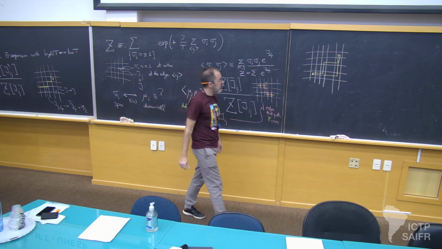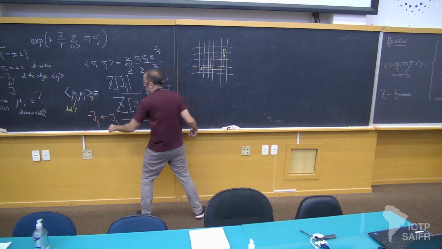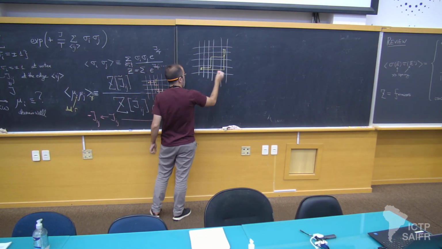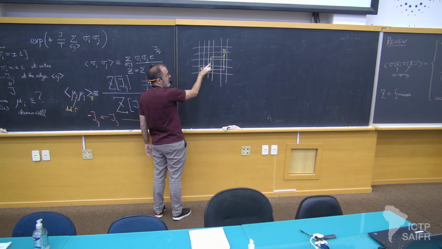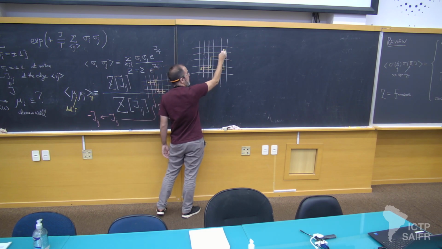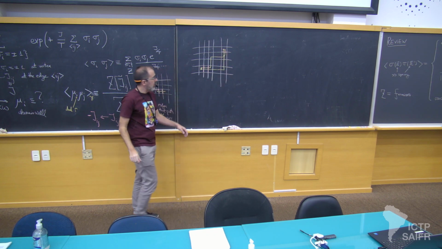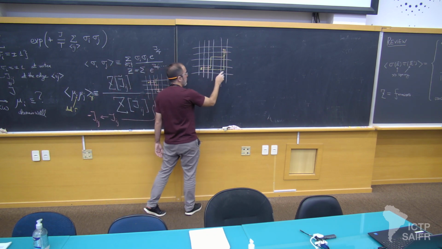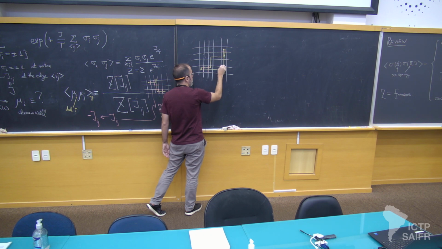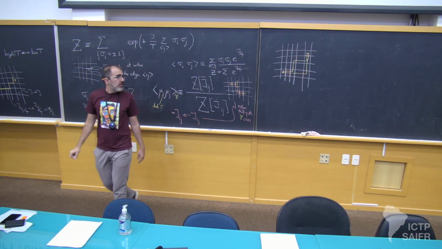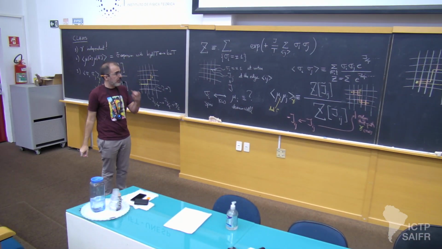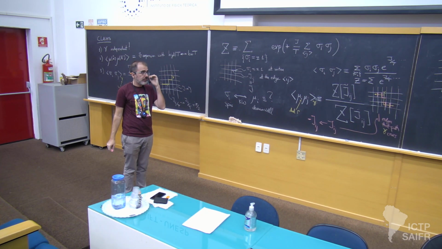And the claim is change the signs in the lines that the path pierces. In one case, change here, but then the two paths tell you to change in different places. Both paths tell you to change here, right? But the lower path will tell you to change here, and the upper one will tell you to change here, for example. Now, why would these two paths be the same? Can you see?